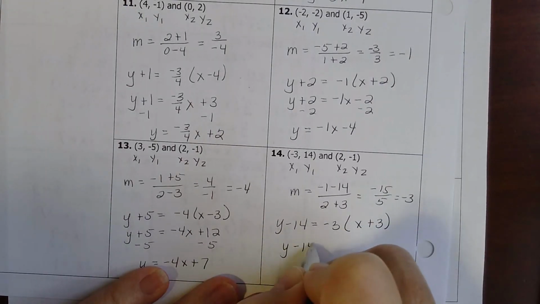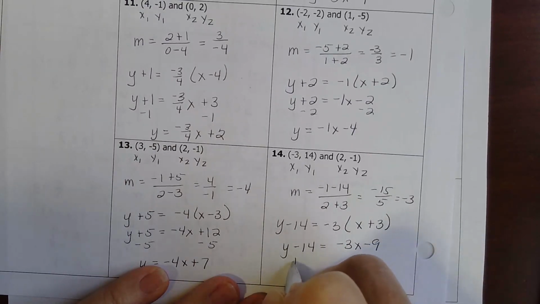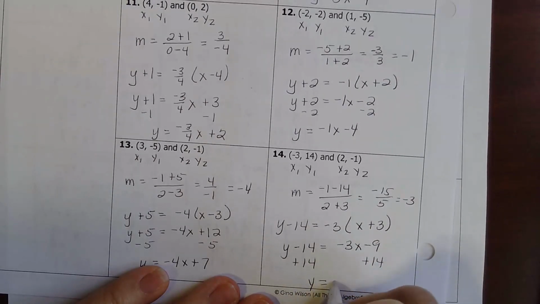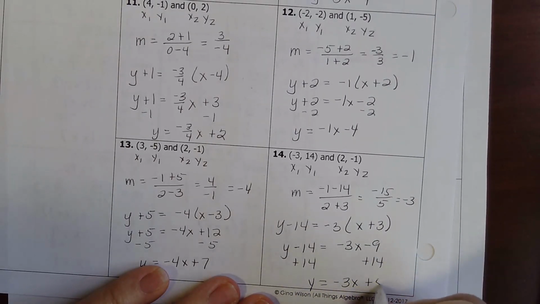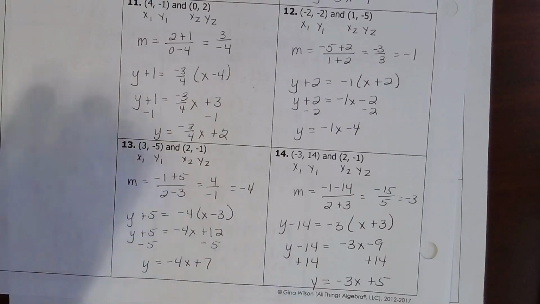Y minus 14 equals negative 3x minus 9. Add 14. Y is going to be negative 3x plus 5. That's your final answer. All right, again, if you have any questions on any of these, shoot me a message.